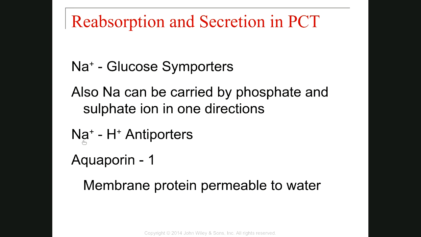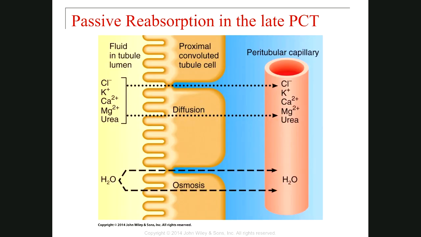As the result of this exchange, sodium is reabsorbed in the peritubular blood and hydrogen is secreted into the tubular fluid. And here we have a protein which we call aquaporin 1. Aqua means water, and aquaporin is the membrane protein which is permeable to water and helps water reabsorption after reabsorption of sodium ion.